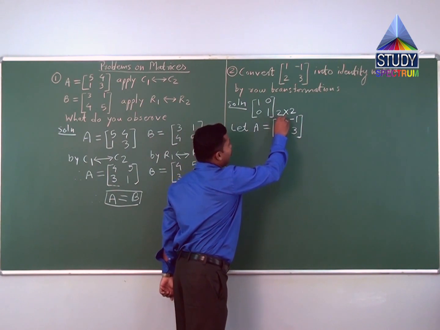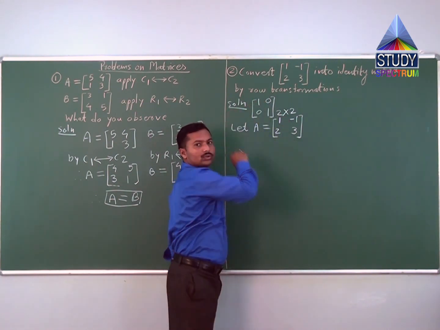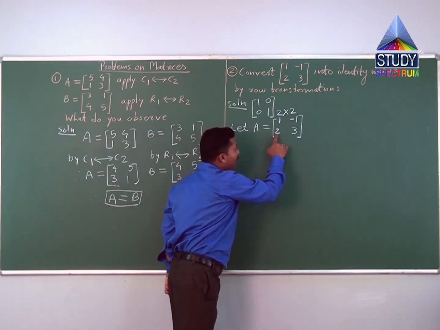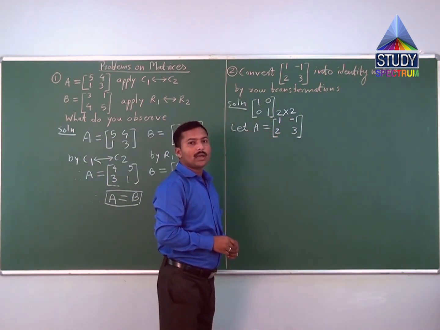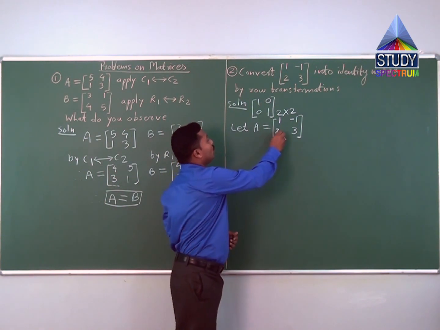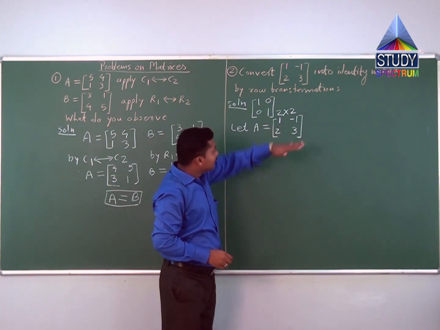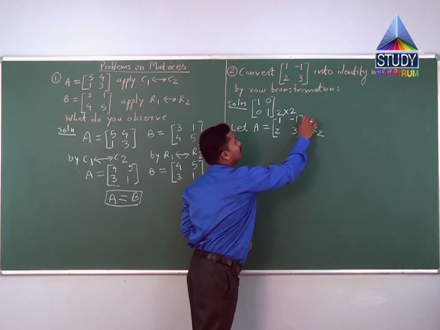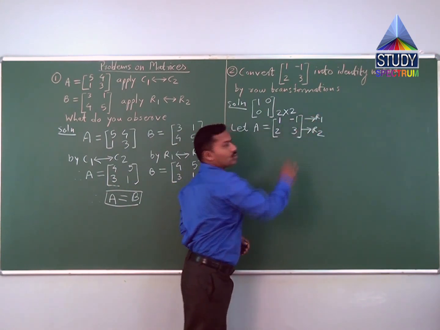Here is already 1, and we want 1, so it is already 1. By using this 1 we make this number 2 a 0. The number 2 is a member of the second row, and this is the first row.